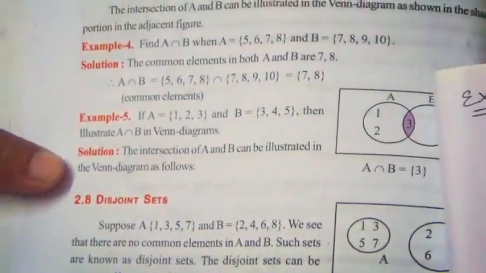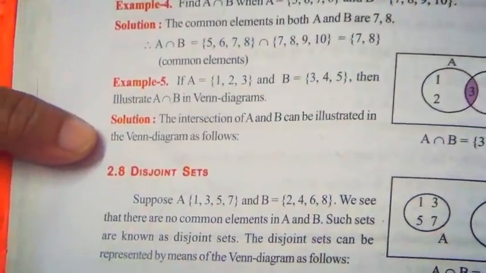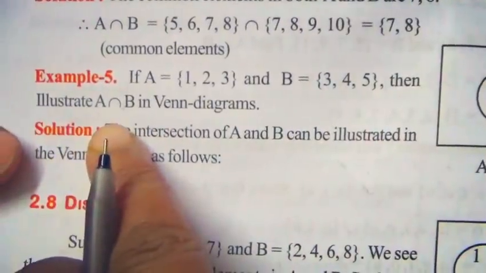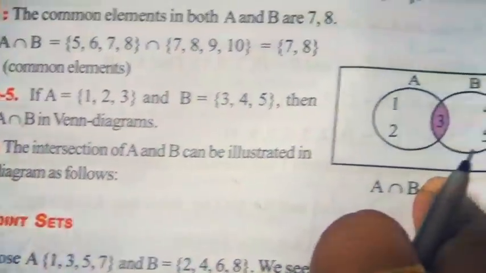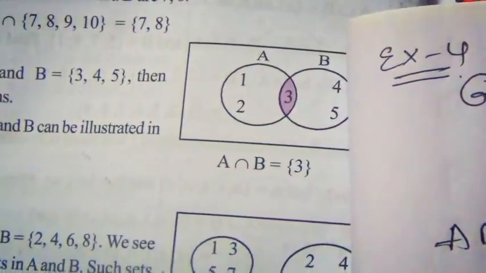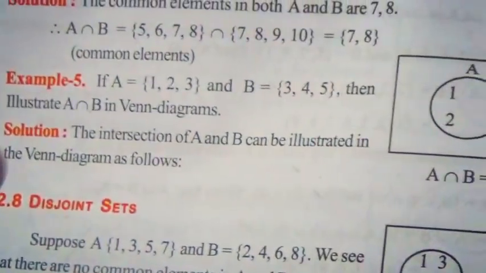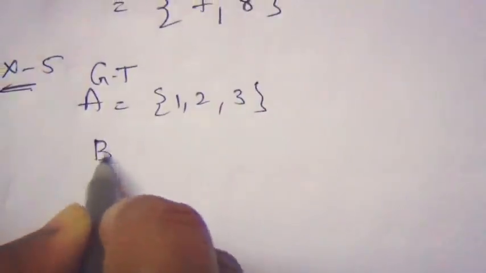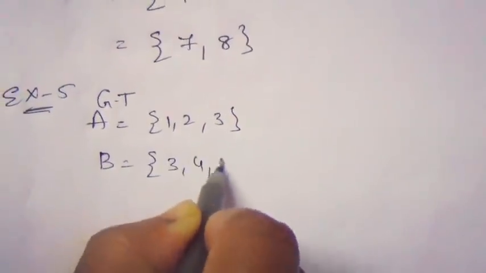Okay. Then example 5. A is equal to {1, 2, 3}, B is equal to {3, 4, 5}. Then find A intersection B in a Venn diagram. Given that A is equal to {1, 2, 3}, B is equal to {3, 4, 5}.